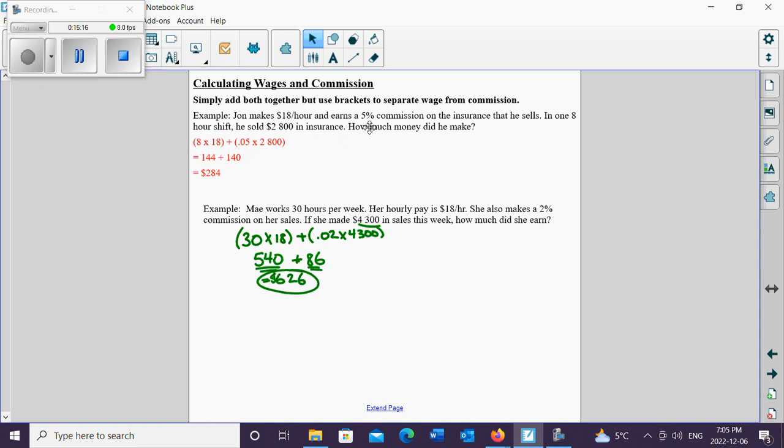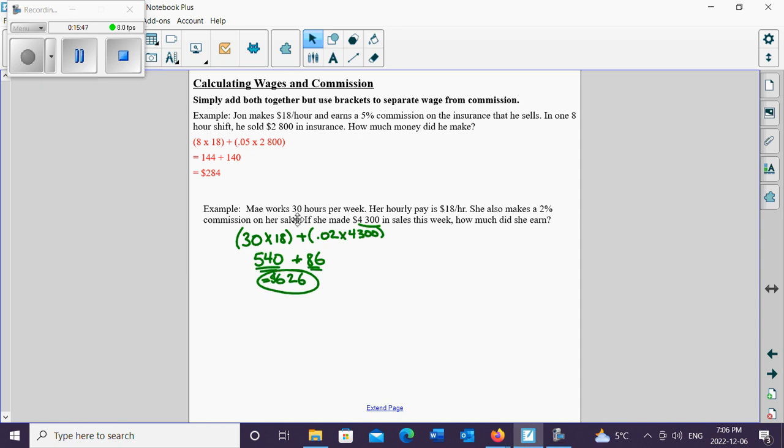But also, John gets a 5% commission on how much insurance he sells. So if he gets 5% commission and he sold $2,800, 5% as a decimal is 0.05 times 2,800, that's 140 bucks. So in this case, the 144 here, that's his wage for the shift, and this 140 is his commission. So altogether today he made $284.